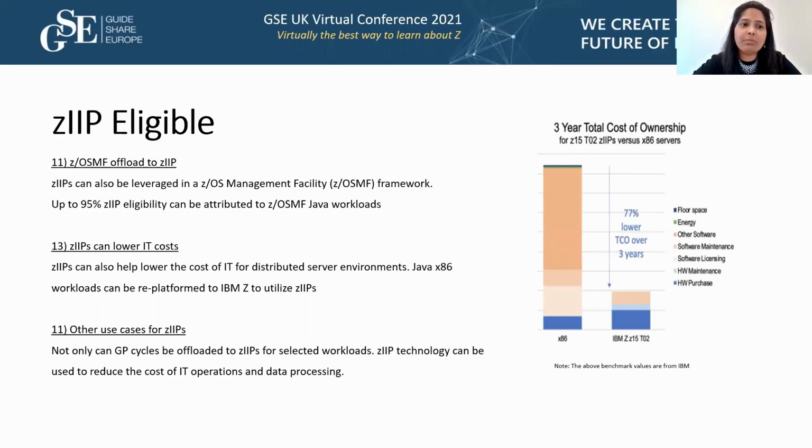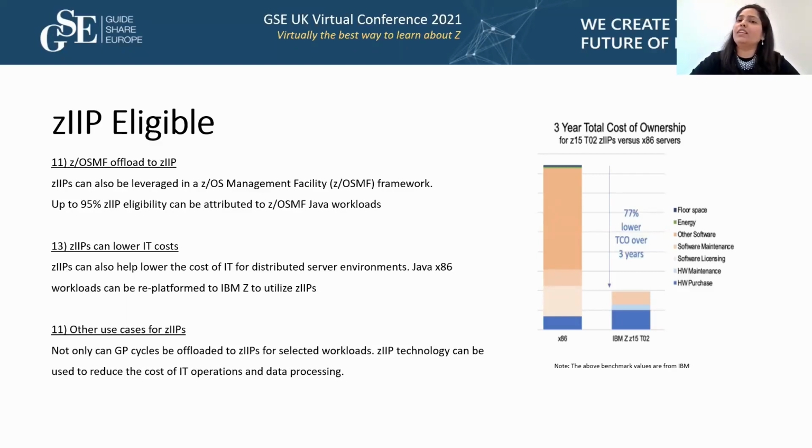The 13th one is zIIP eligible. zIIP can lower your IT cost. That's really true, because zIIP can also help lower the cost of IT in a distributed server environment. Java x86 workloads can be re-platformed to IBM Z to utilize the zIIP.